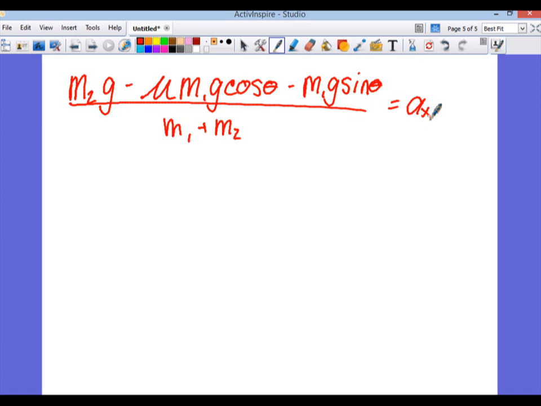and let's do that. So m2 was 9 kilograms, so 9 times 9.81, I get 88.29 newtons for this section right here. So 88.29 newtons minus, so mu is 0.2, so 0.2 times 10 kilograms times 9.81 times the cosine of 40 is 15.03 newtons.